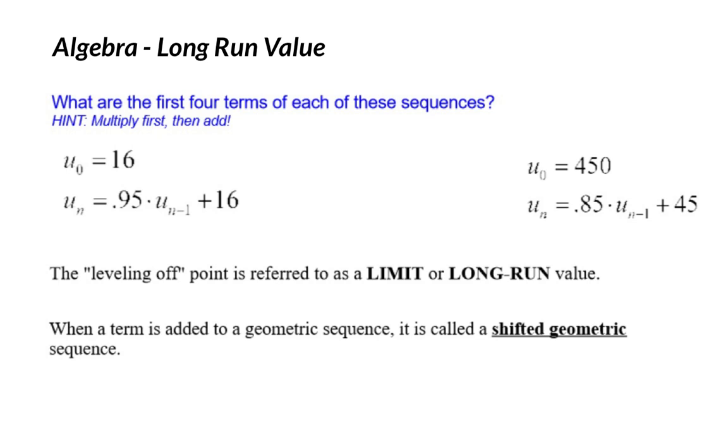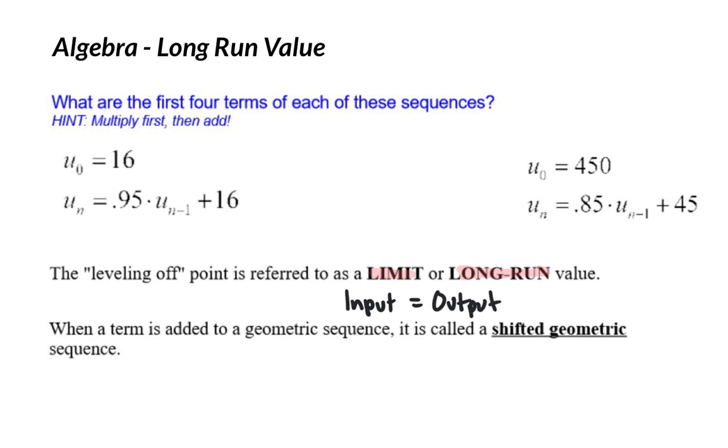Now, the way we solve this comes down to a very simple idea that sometimes is a little difficult to remember. The limit, or long-run value, happens when our input, what we put into our equation, is equal to our output.